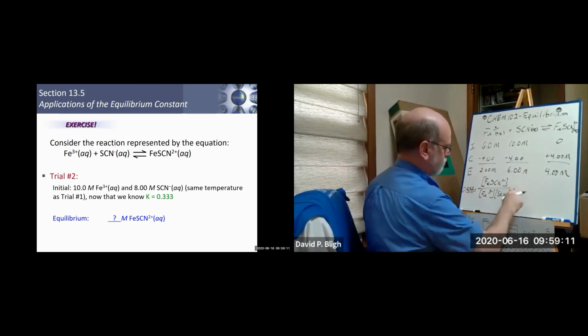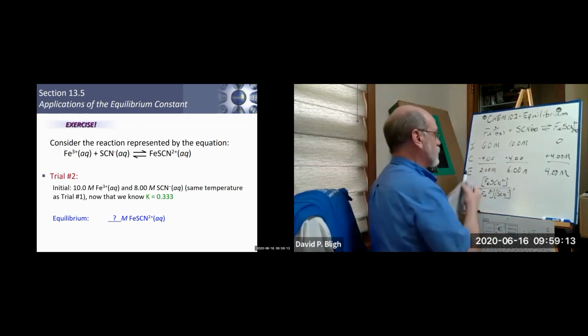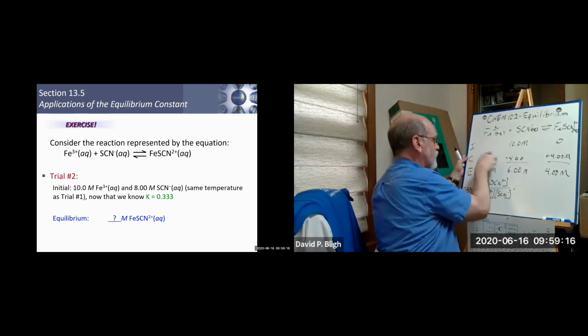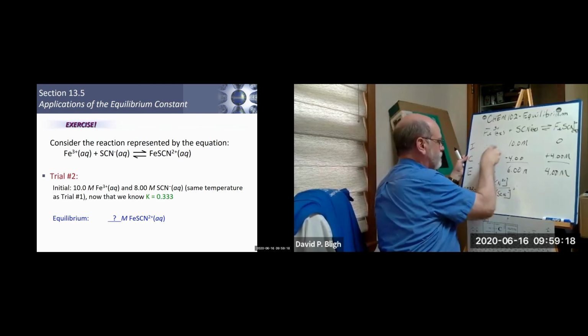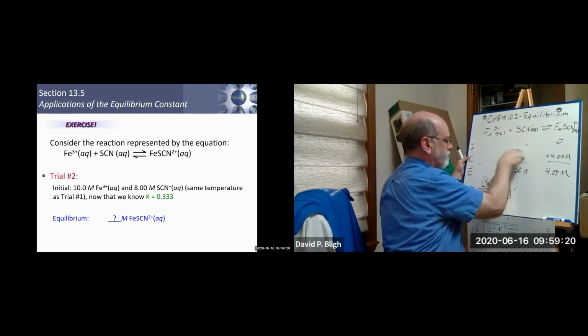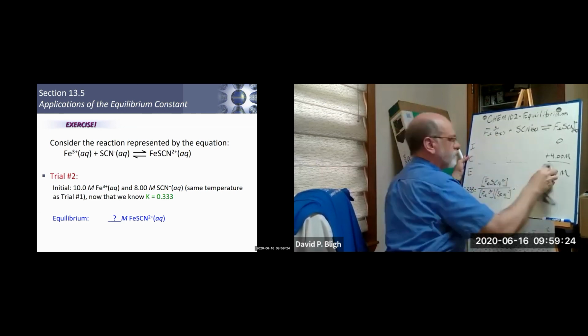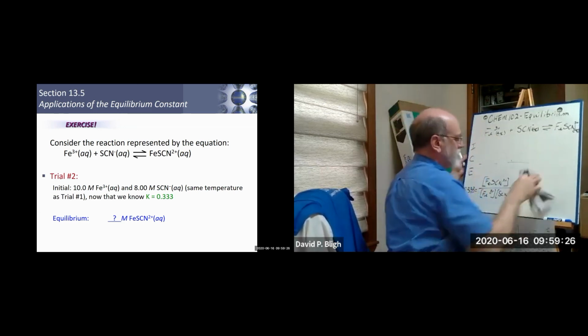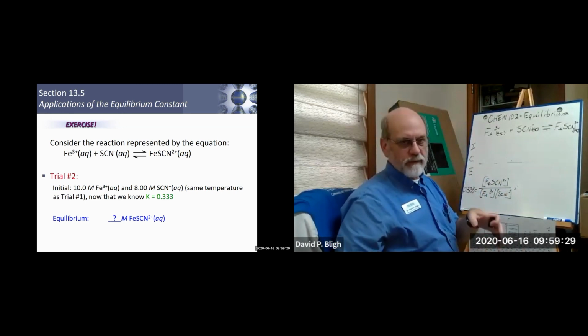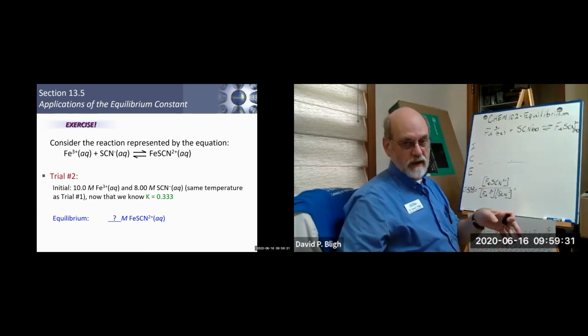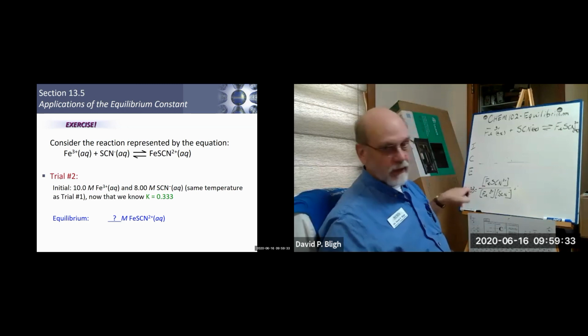Right? But these values are going to change. Our new set of circumstances. Right? So this is going to give us a different equilibrium position, but the same equilibrium constant.